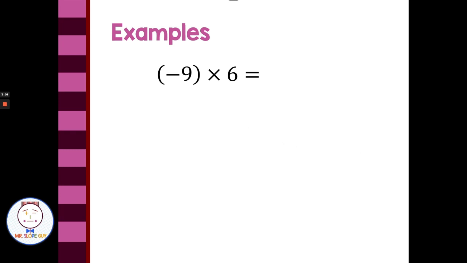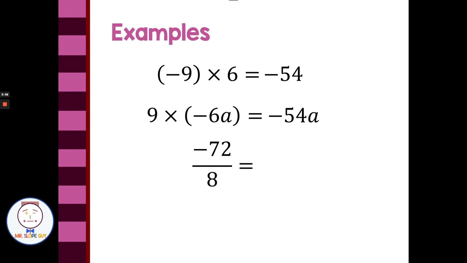So, example, negative 9 times 6. Are those signs the same or different? They are different, so our answer will be negative. 9 times 6 is 54, so negative 9 times positive 6 is negative 54. Are the signs the same or different? Different signs, negative answer. 9 times negative 6a is negative 54a.